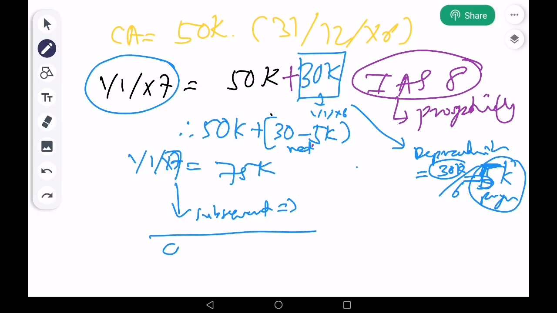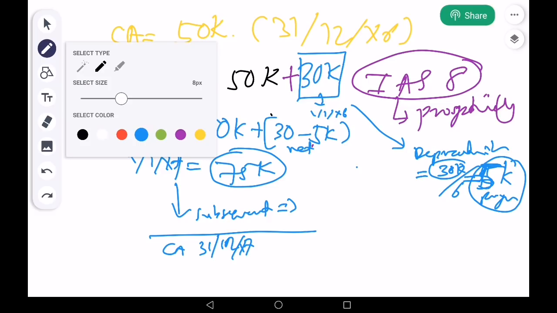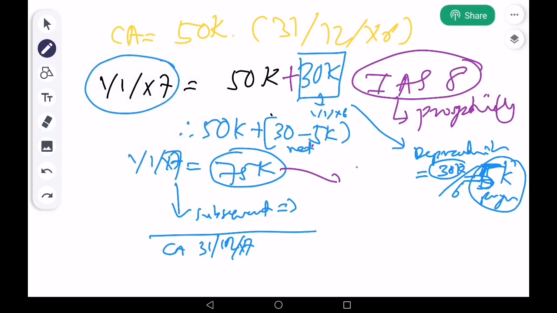What is your carrying amount now on your 31st December 2007? You have to calculate a new depreciation. 75k divided by remaining useful life.